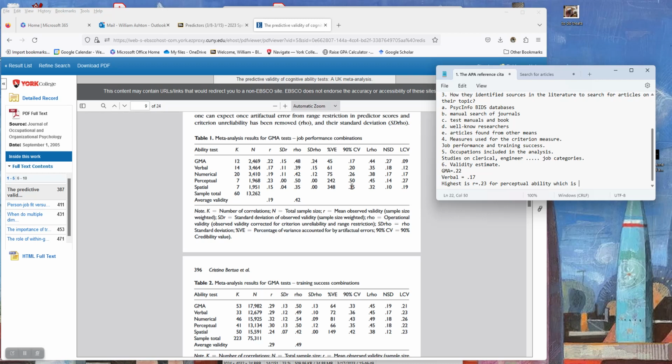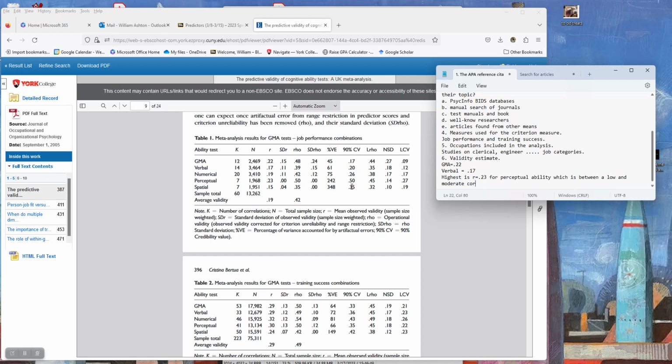Which is 0.23, between a low and moderate correlation, to the lowest of 0.15, r equals 0.15 for spatial ability, which is a low correlation.